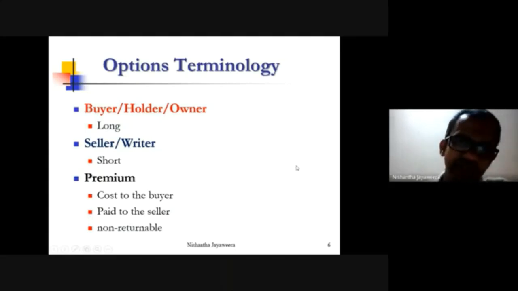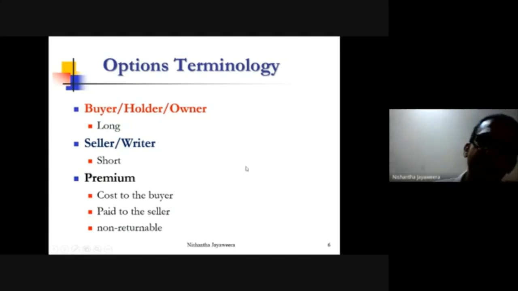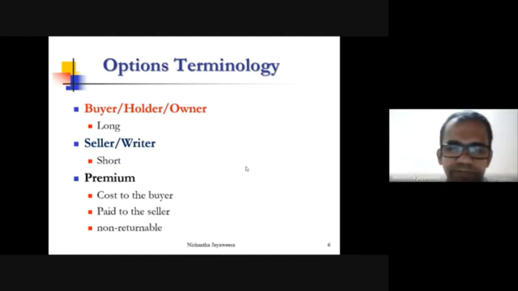So what I explained, buying an option is like buying an insurance. If you buy an insurance, to buy the insurance, you have to pay the premium. You pay a premium to buy the insurance. Then as a buyer of the insurance, you don't have any other obligation. Once you pay and sign the contract, that's it. But to make a claim, there may be certain conditions that you have to meet.